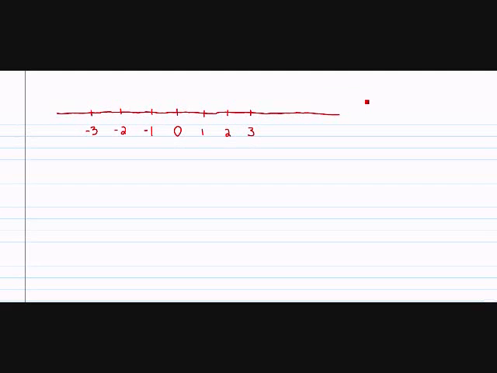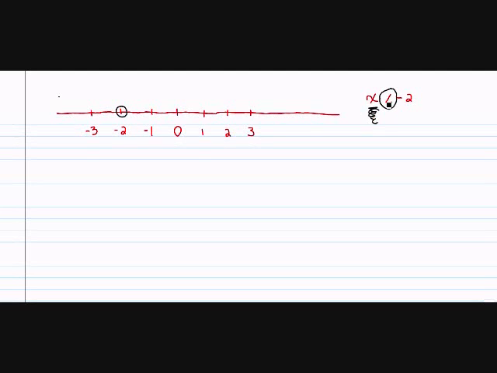Okay. My problem is x is less than negative 2. Notice on my greater and less than sign, I don't have a line underneath, so I'm just going to circle the negative 2. And I want my x to be less than negative 2.